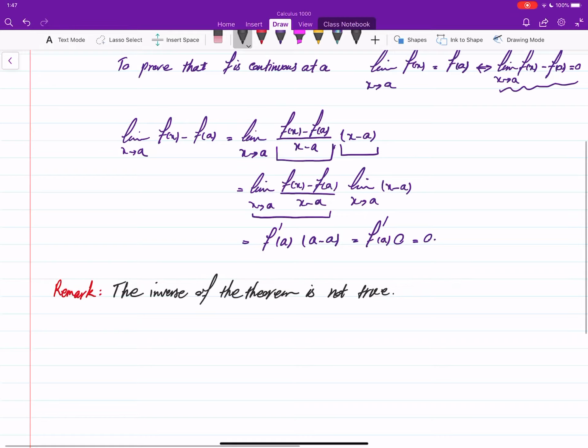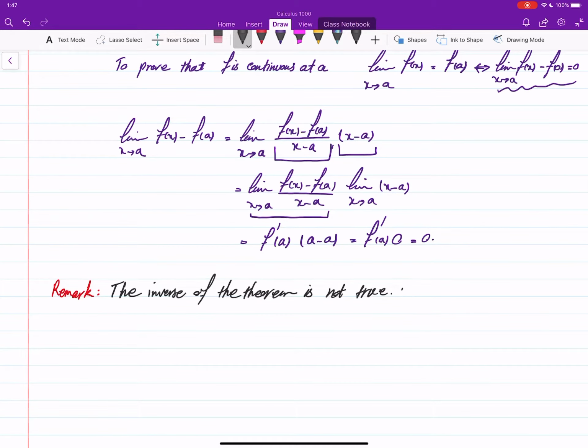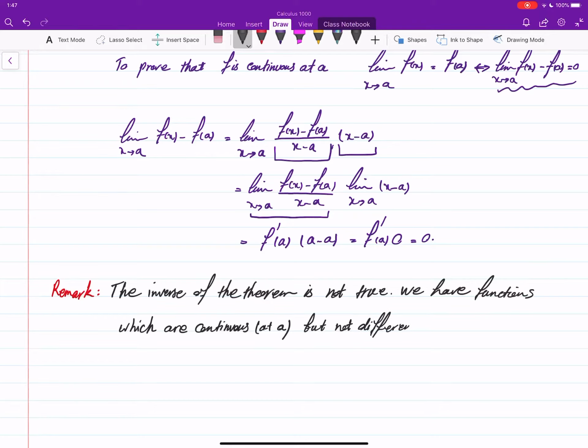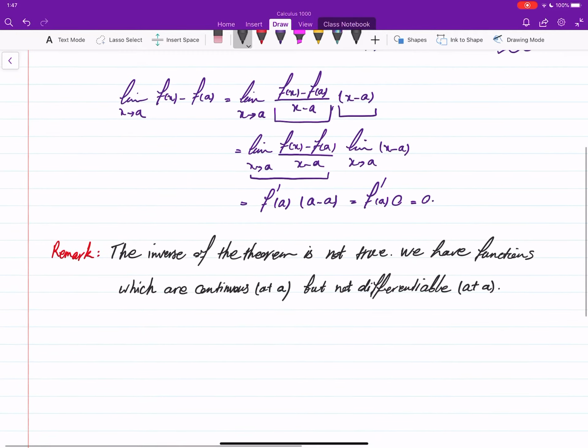You know that example. We have functions which are continuous at a point, but not differentiable. You have to be able to give that example right now, because we have worked on these examples.